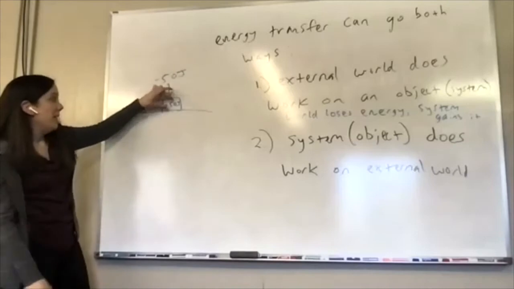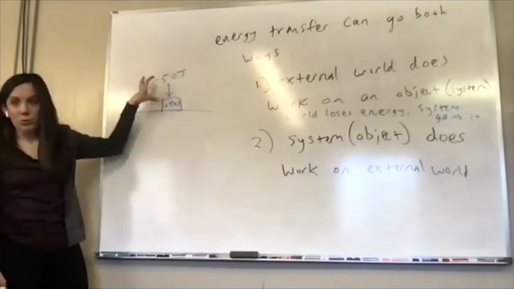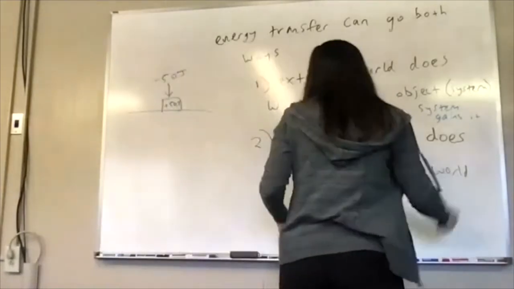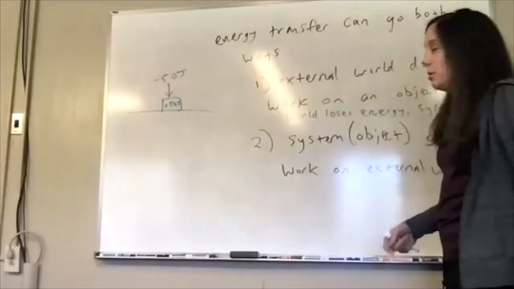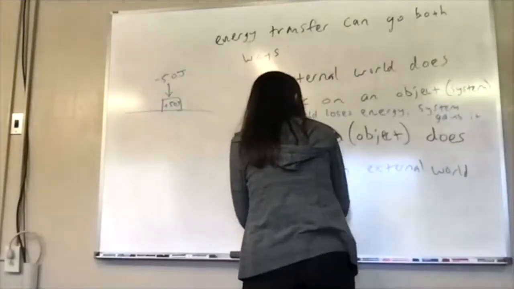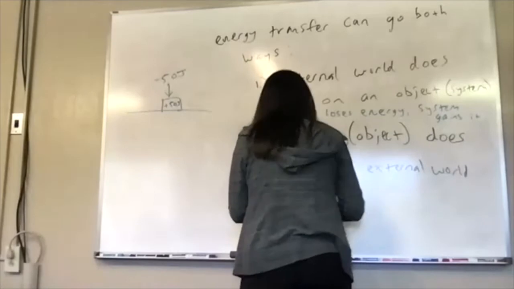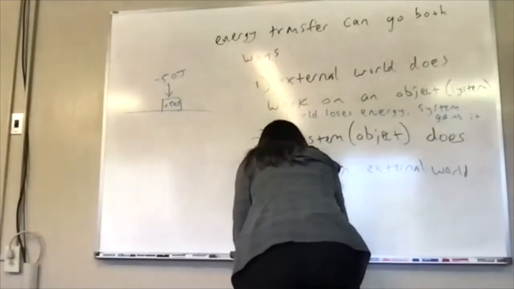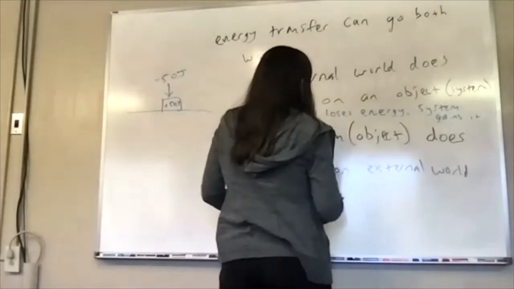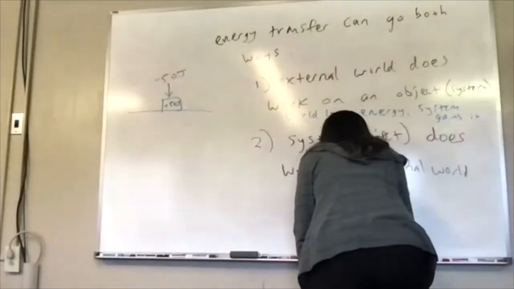The object gains that energy, the world loses the energy. And then condition number 2 is just the opposite. In this case, the system loses energy. The system gives energy to the surroundings.